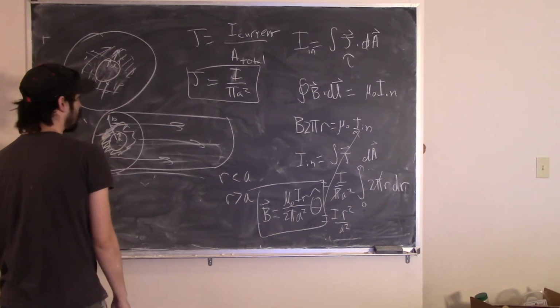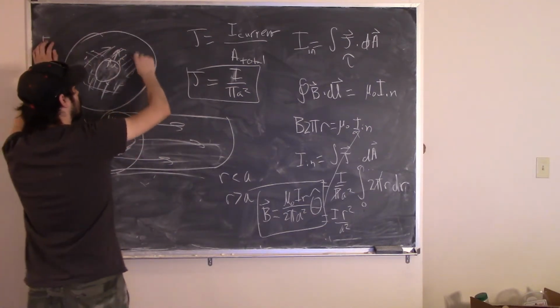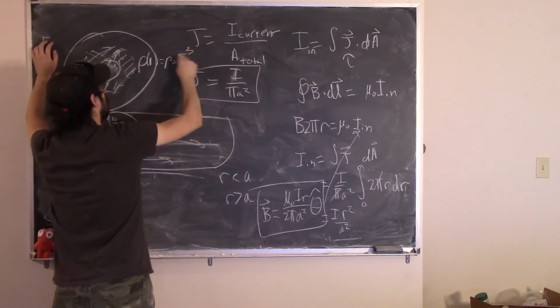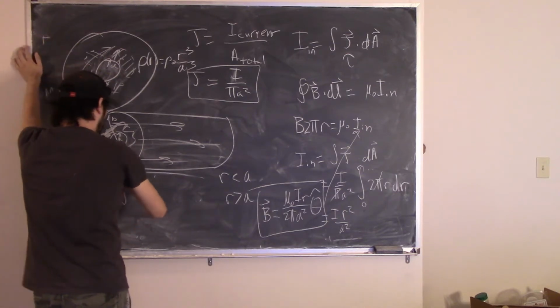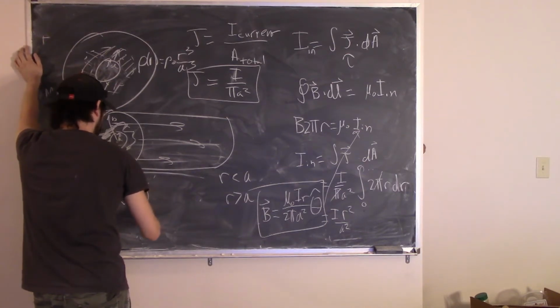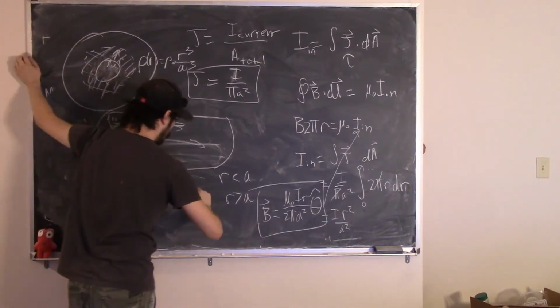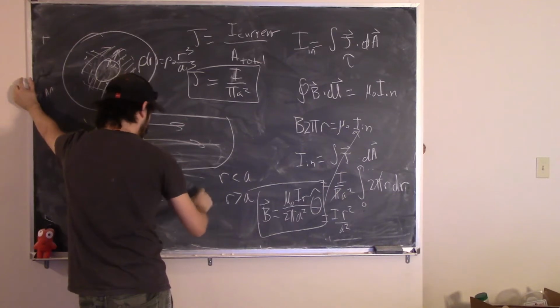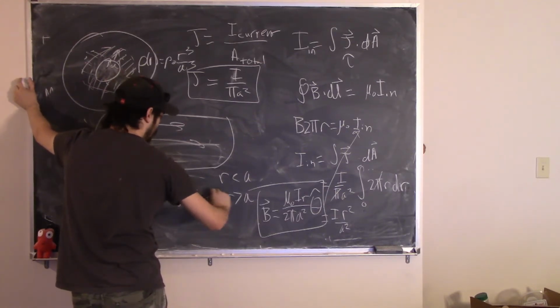Well, I could give you some current density that varies over the radius, right? I could do that here with this problem. I could say that rho as a function of r is equal to rho 0 times r cubed over a cubed. I could tell you that J as a function of r is going to be equal to J0 r divided by a times x hat.